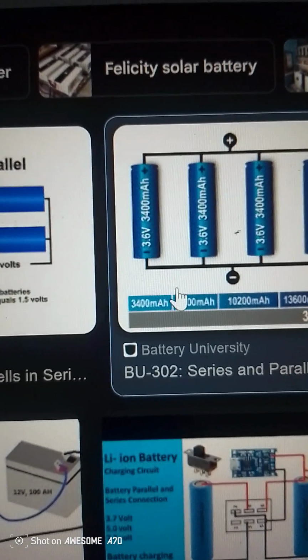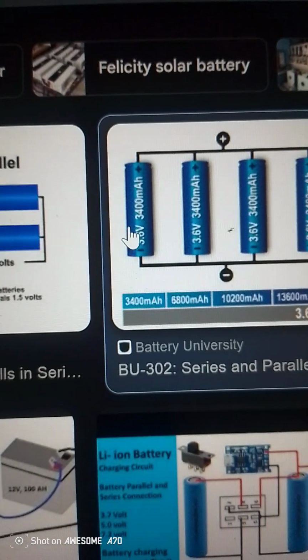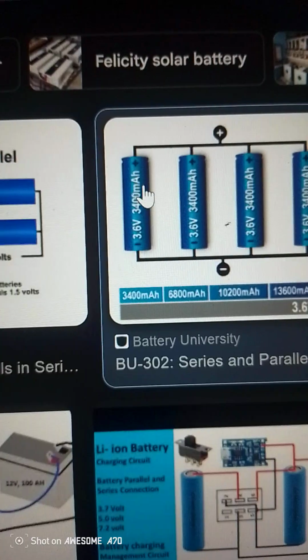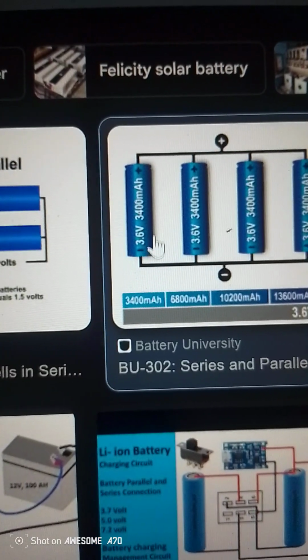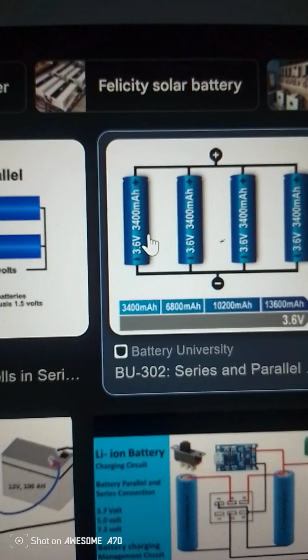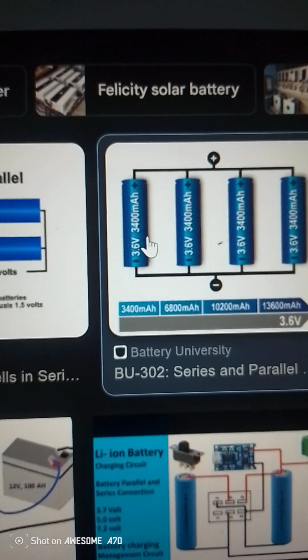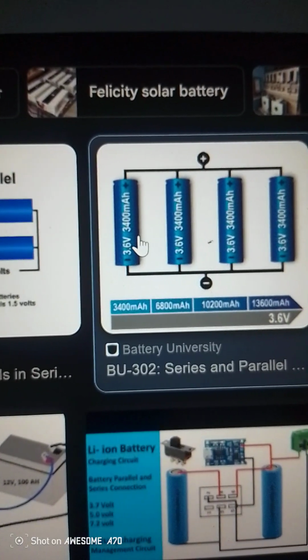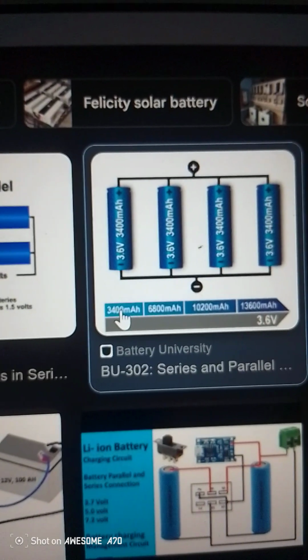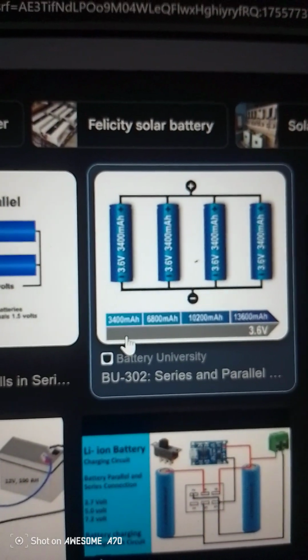This is a lithium battery of how many volts? 3.6 volts. What mega amps? 3,400 mega amps, right? 3,400 mega amps by 3.6 volts. Okay, good.